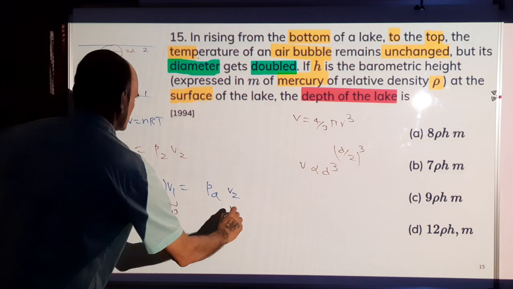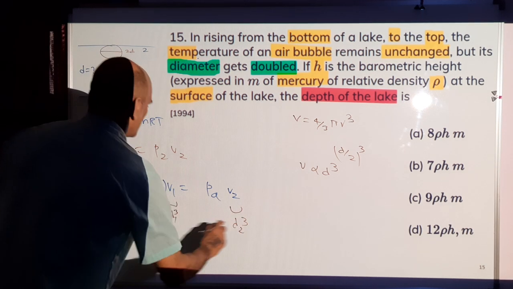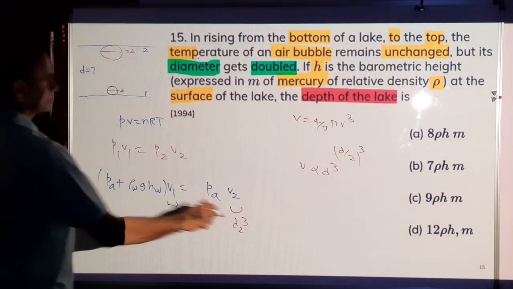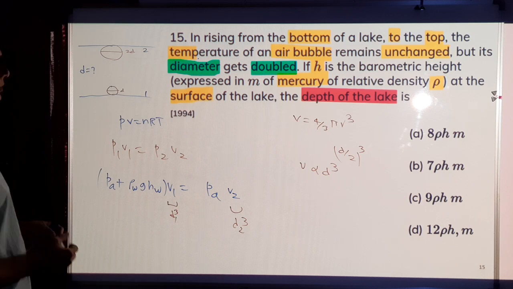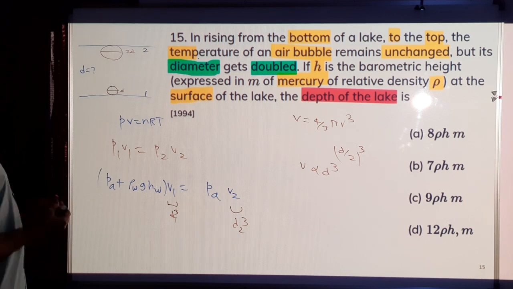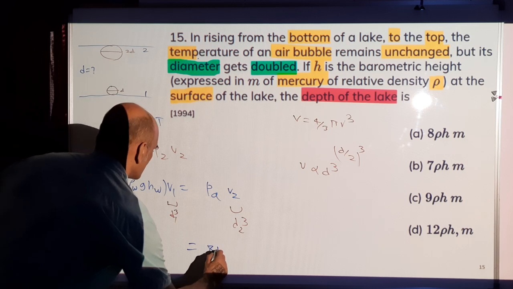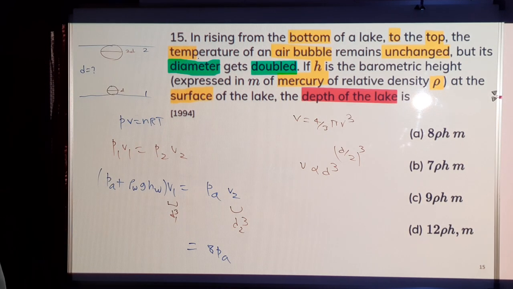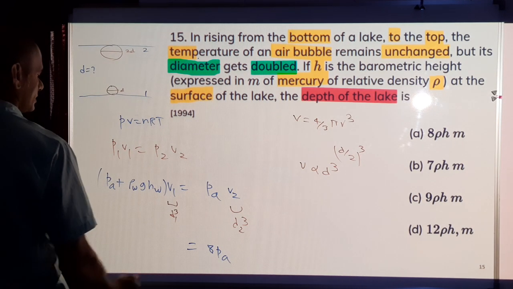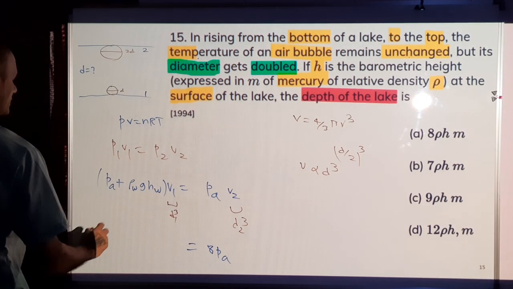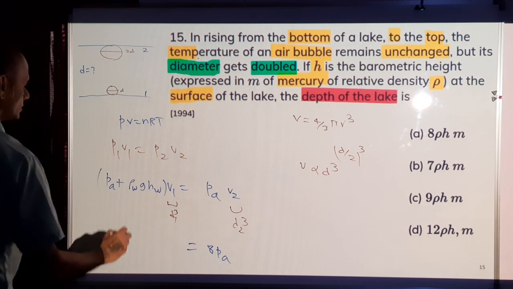So this is also proportional to d2 cube. So other factors will cancel, 4 by 3 pi and then by 2 cube, and d2 is twice d. So this will be 8 times PA, and here you have 1 PA and then rho g h.